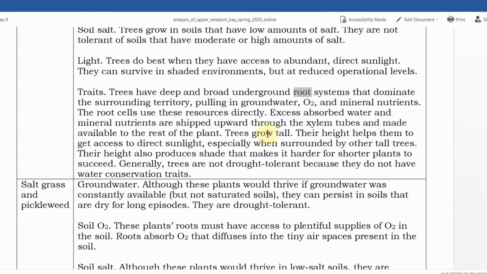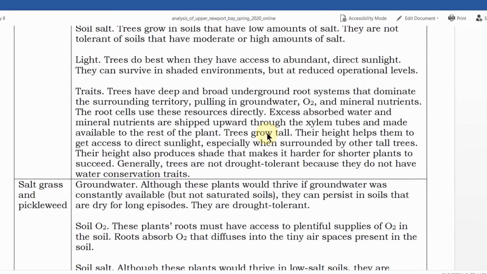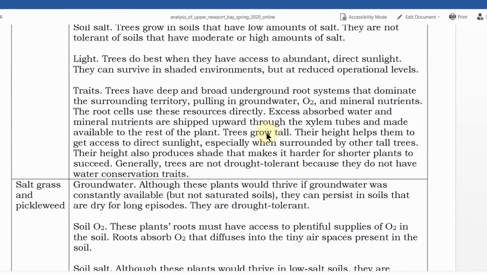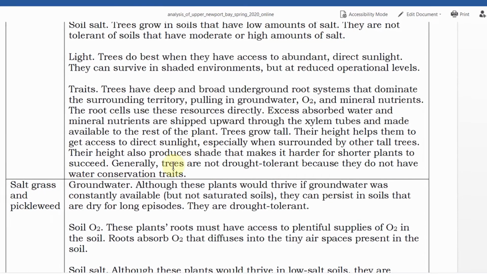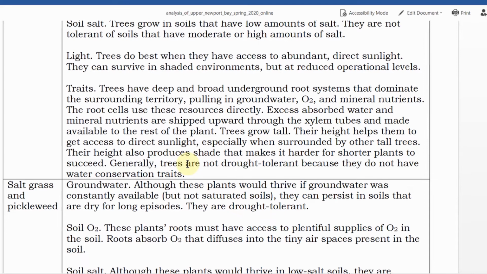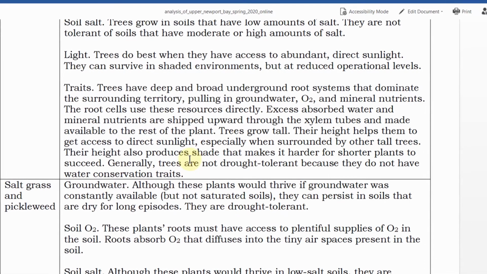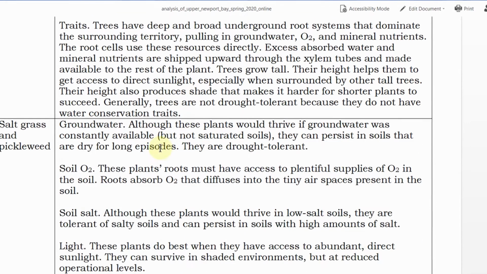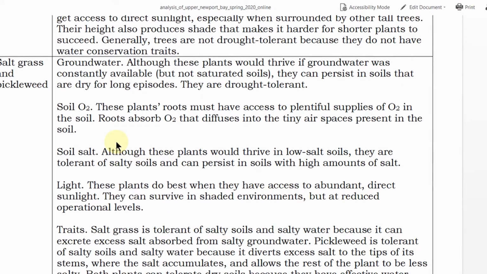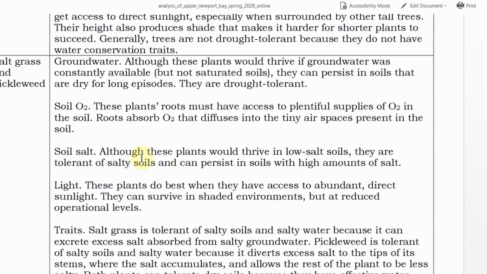They also grow tall, so they're able to get up high to get access to sunlight. And as I mentioned before, they're not drought tolerant. So if there is a place where there's a shortage of soil moisture, then trees won't do well there. Let's go quickly and talk about saltgrass.